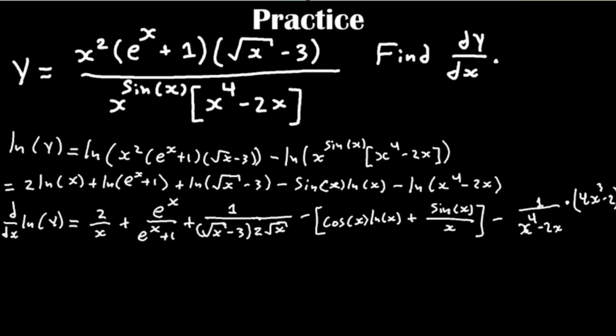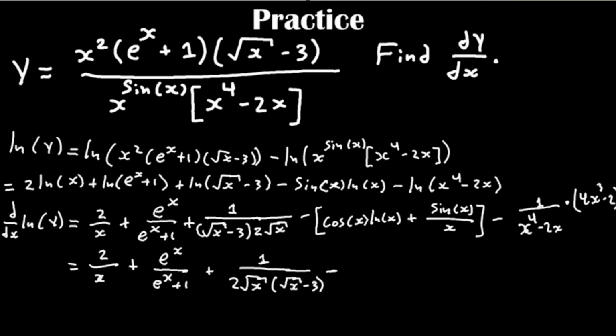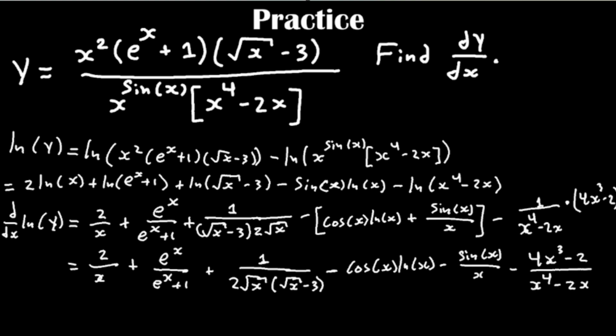Okay, let's simplify this. I'm going to distribute this. Alright, so remember, from the past examples, we have that the derivative of natural log y is 1 over y times dy dx.